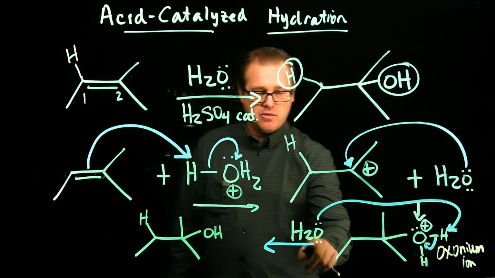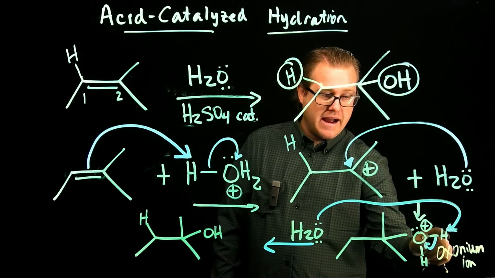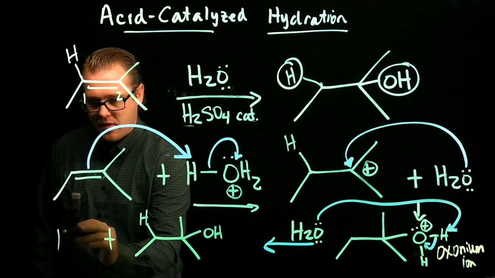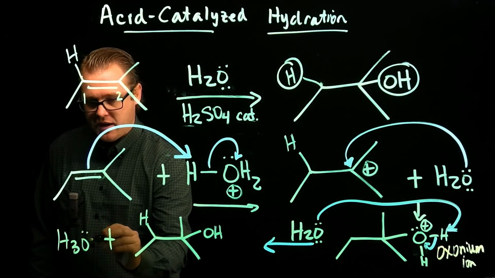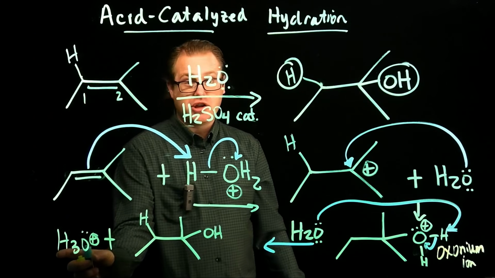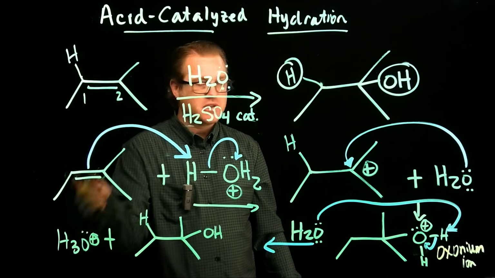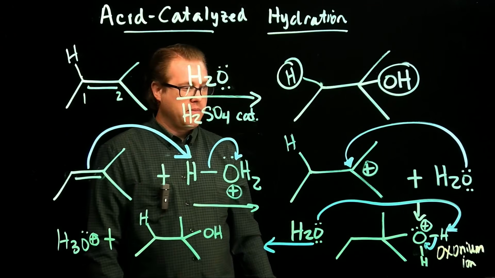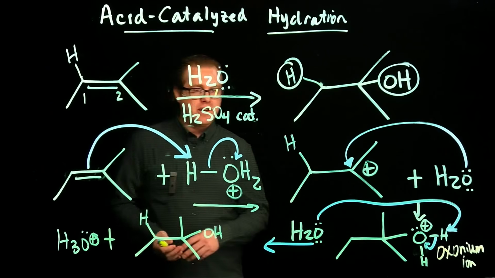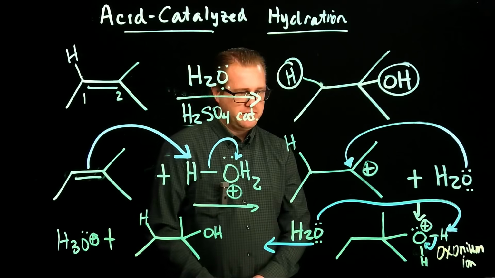But look at what happens when the water grabs the hydrogen off the oxonium ion. What do we generate? We generate hydronium again. So we have just regenerated the catalyst, and this just keeps going and going. So that is an acid-catalyzed hydration of an alkene.